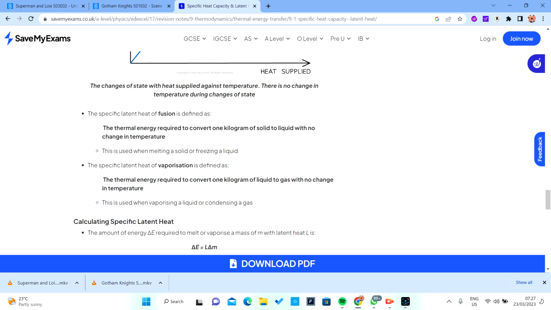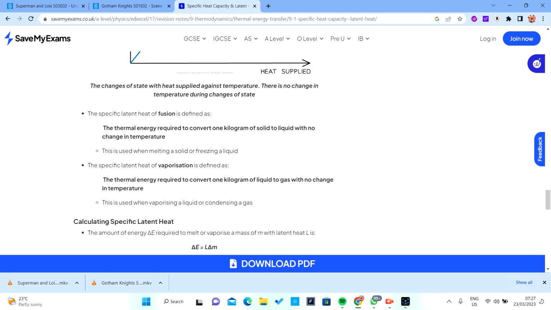This is used in melting a solid or in freezing a liquid. It can go in either direction. If you are melting it, you are supplying energy to it. If you are solidifying it, you are removing that amount of energy from it.